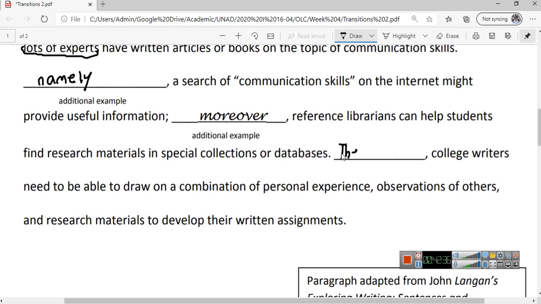I'm gonna make you read it, and you tell me. The last. College writers need to be able to draw on a combination. Does that sound good for you? The last. If I want to finish the topic, I said that is good. Okay, the word to finish the topic.